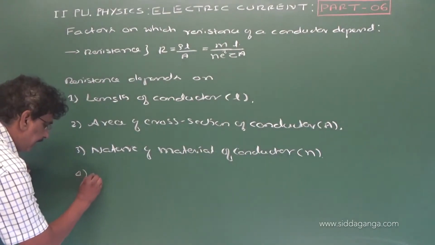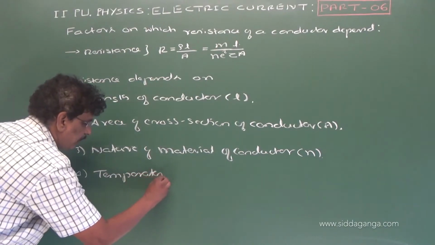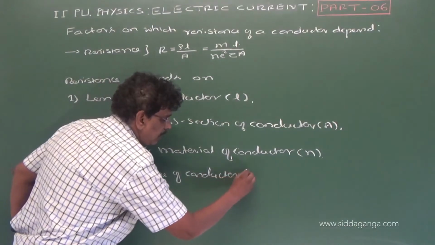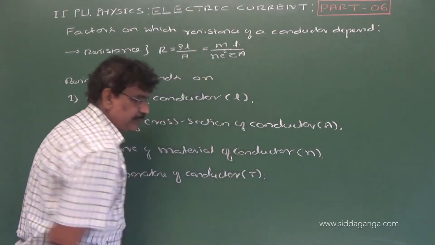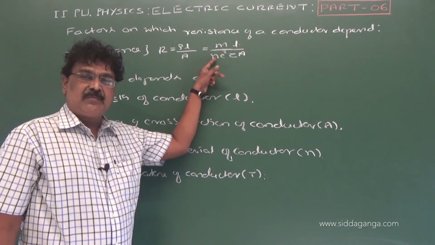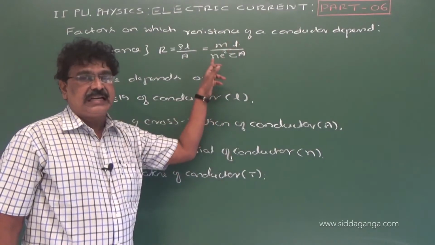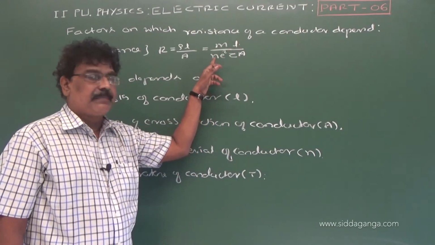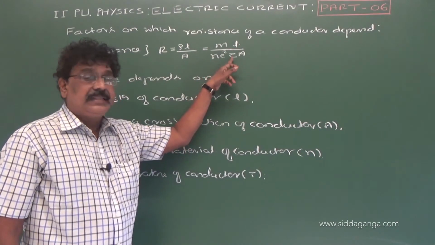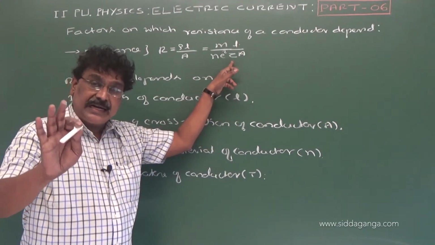Now, the fourth one, it depends upon temperature of the conductor, that is T. Now, there is no temperature term in this equation, but among these terms, the relaxation time depends upon temperature.